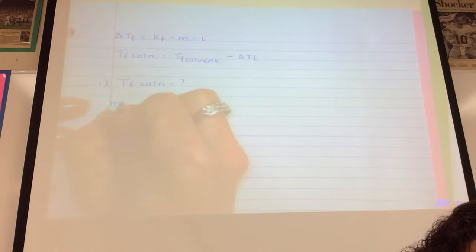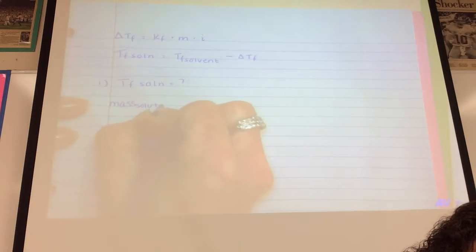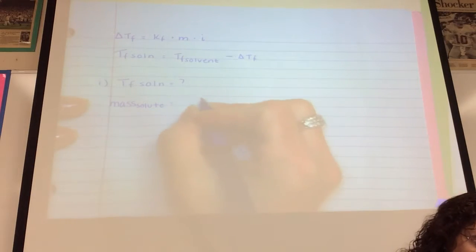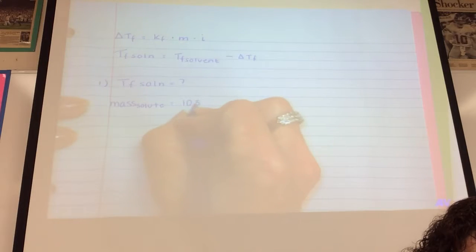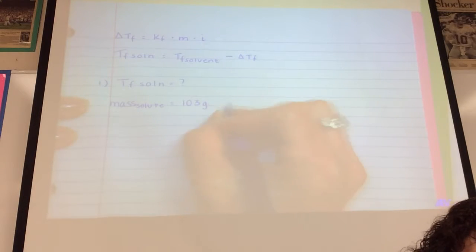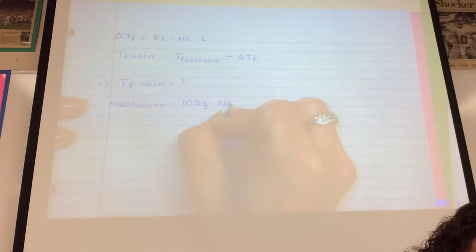The mass of the solute is 103 grams of sodium chromate.